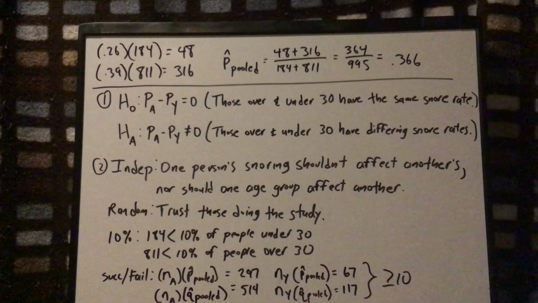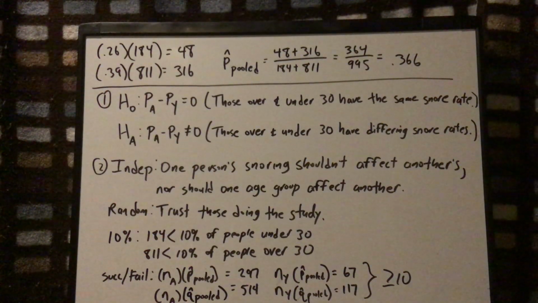The last part is the success-fail condition. Now, the success-fail condition is do n times p and n times q for both groups. I'm using the pooled number because, once again, my assumption, so this is one of the first times I'm using the pooled number, is that the populations are no different. So I would expect n times p-hat pooled and n times q-hat pooled for each group. So the first group I did were the old people. I did n sub a times p-hat pooled and n sub a times q-hat pooled.